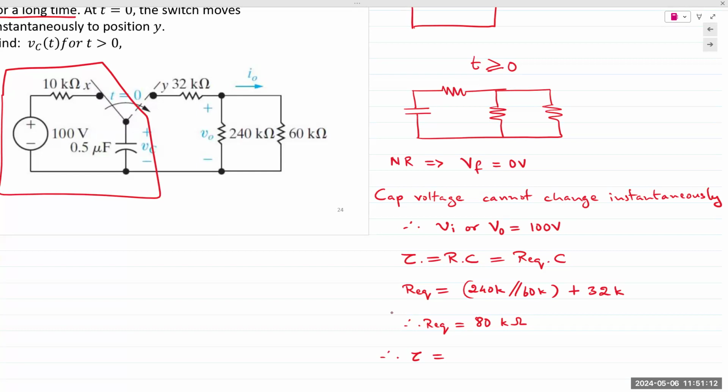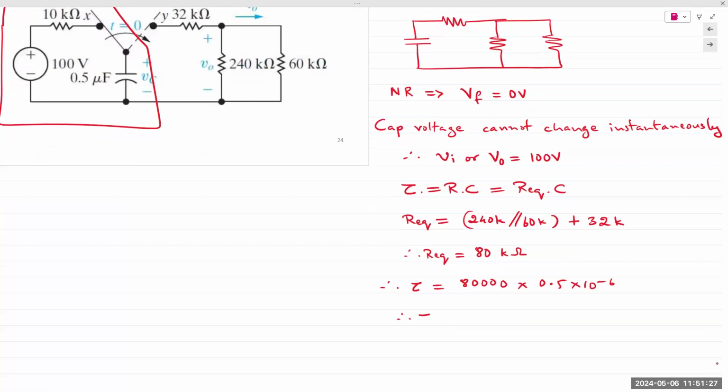Therefore, time constant tau is Req times C, 80,000 times 0.5 into 10 raised to minus 6. Therefore, tau is 40 milliseconds.